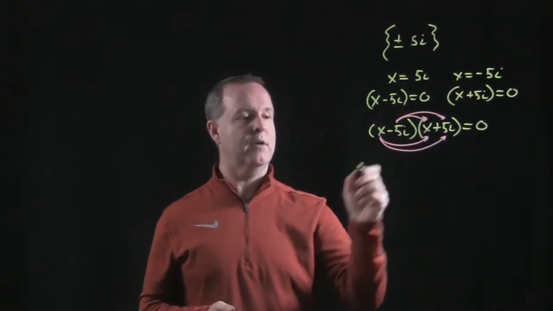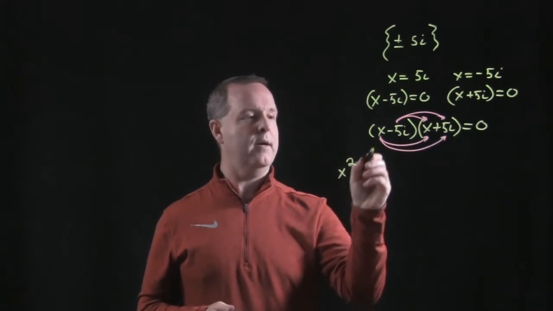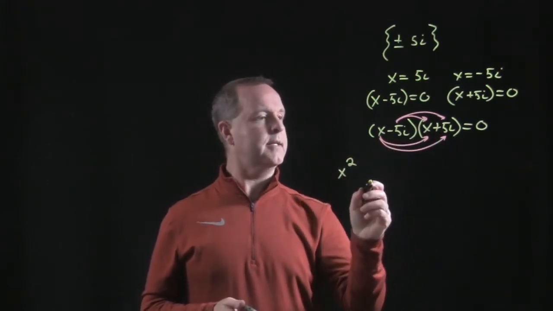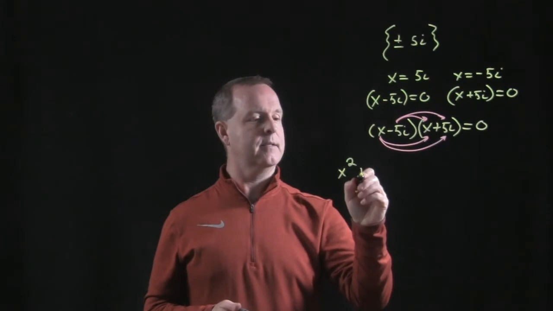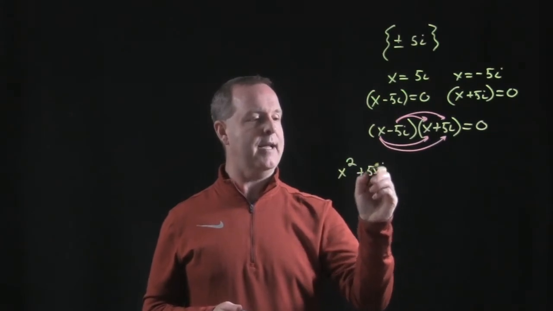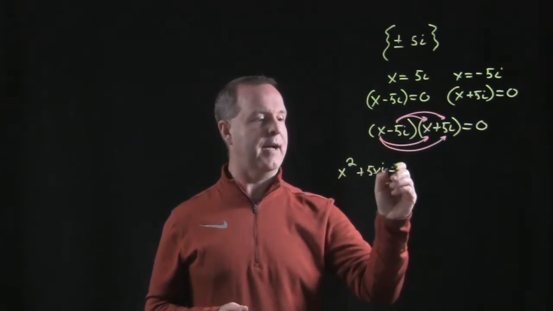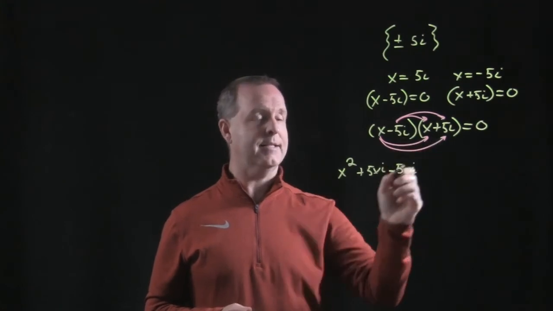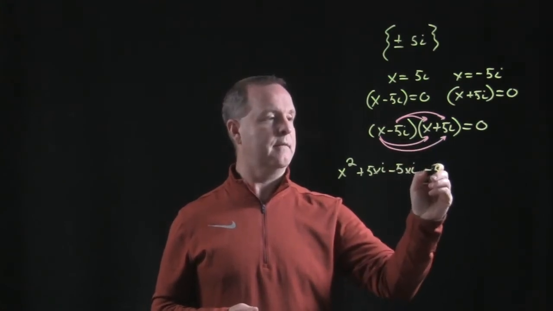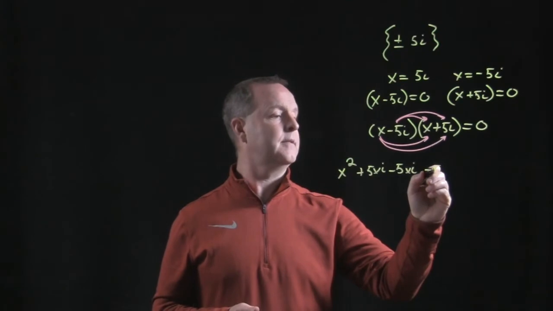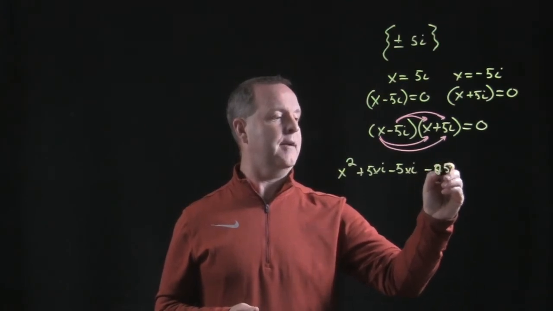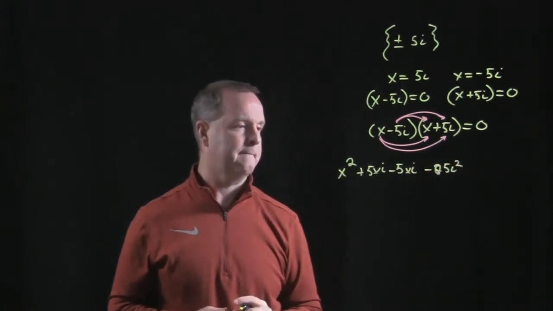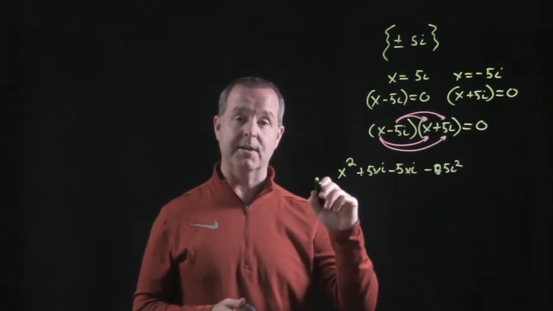First times first is x squared. Outers is 5xi. Inners is minus 5xi. And last times last is negative 25i squared. Notice the middle terms cancel out.